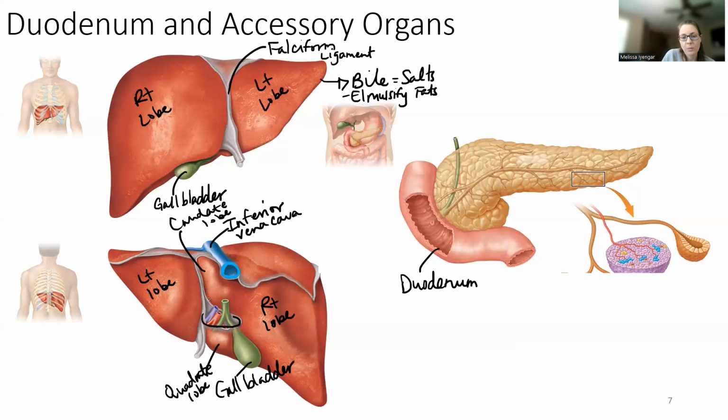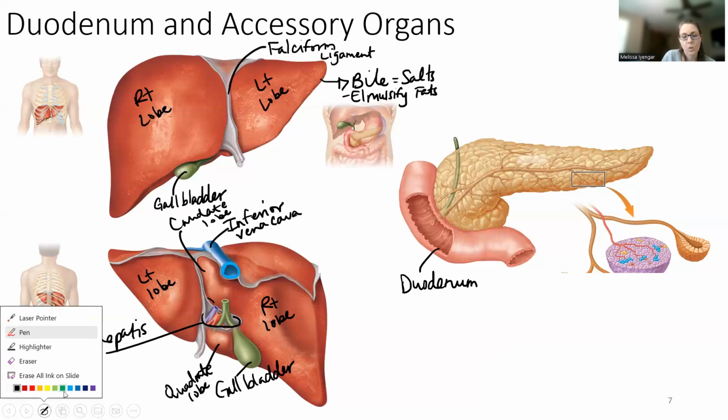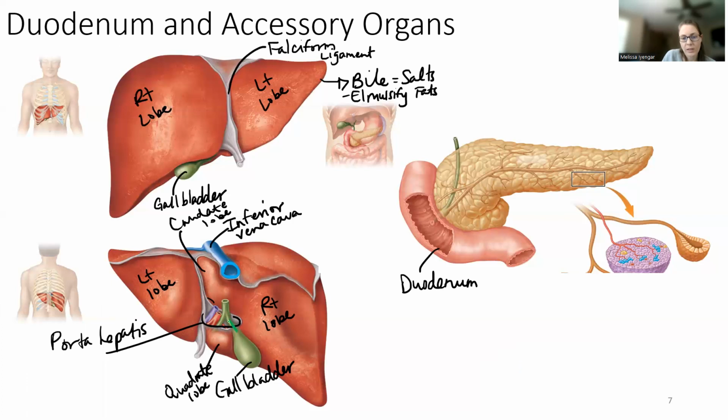This all right here is the porta hepatis, which basically is like the liver portal area, and it's going to include a couple of different things. So one, we're going to see that the gallbladder has a duct right here. That duct is called the cystic duct.